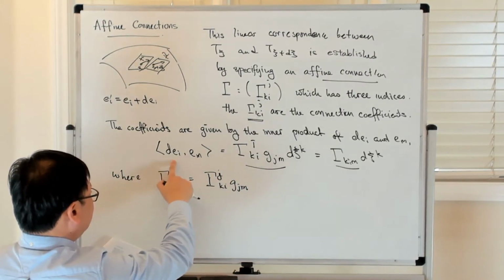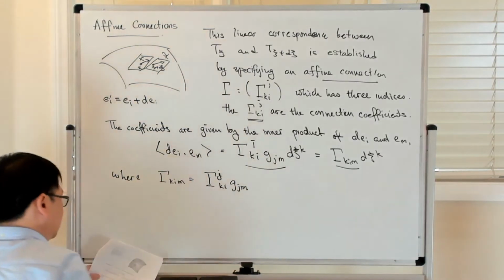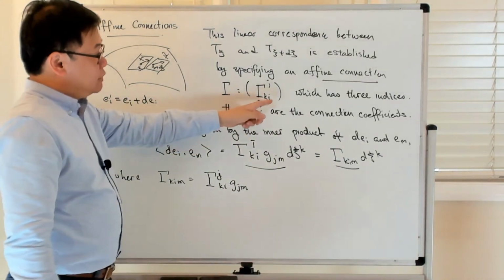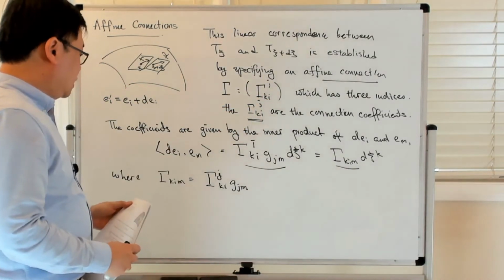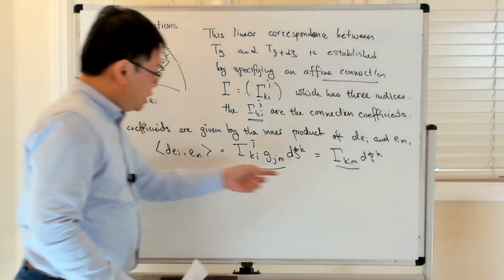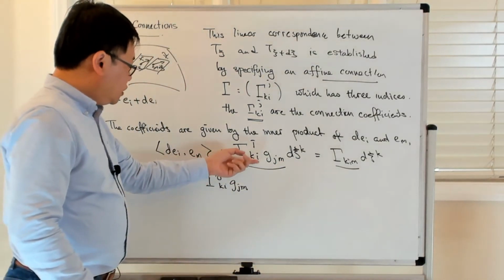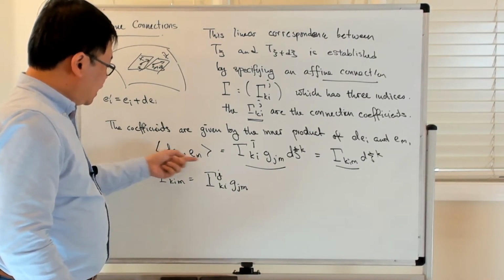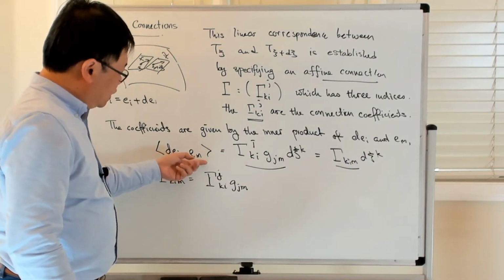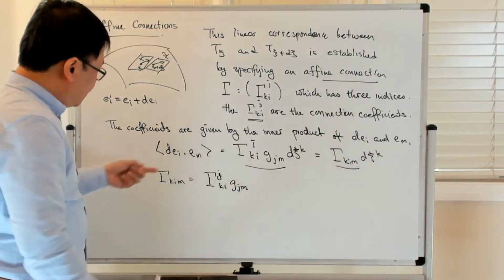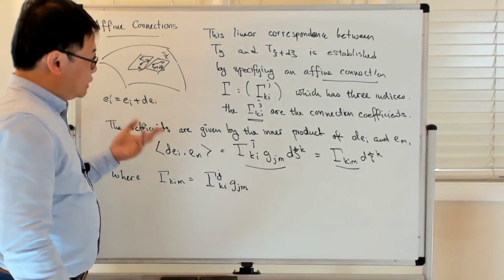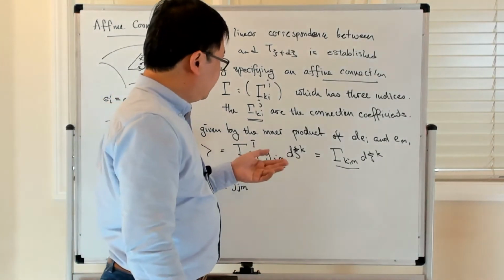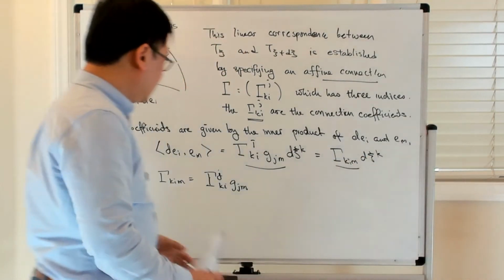It isn't a prescription, though, for how to specify the affine connection. All we're saying here is that these connection coefficients are related to this inner product, which depends on how D e_i is inner producted with e_m, but this D e_i is still something you have to choose, in a way that depends on this D cos c term.